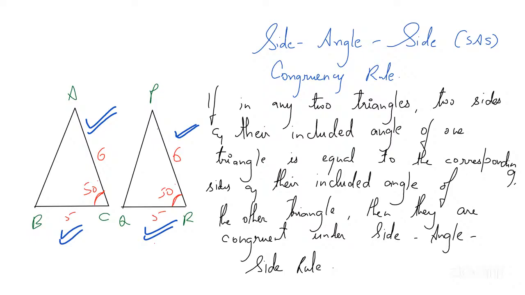What is the angle between them? Between these two sides, this angle is coming. So those two sides and the angle between them should be equal. Then only both the triangles will cover each other completely. Okay, this is what I mean. Understood now? Yes, ma'am. Thank you, ma'am. Please write this down.